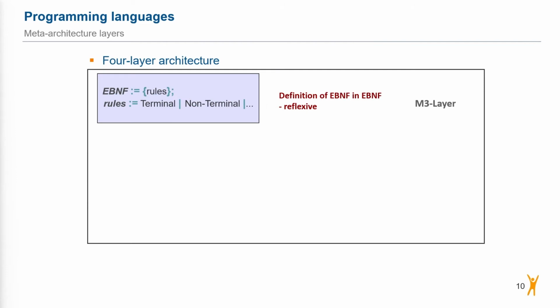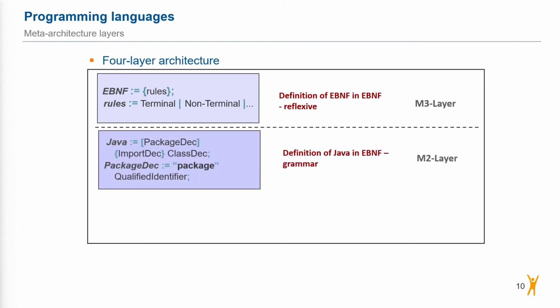Yeah? So if we generalize this and put this into the meta hierarchy that we introduced last time, at the M3 layer, we have the production rules: an EBNF specification is composed of a sequence of rules, and each rule itself is composed of or can be replaced by terminals or non-terminal symbols. If we go one level down on the M2 level, we can then specify one concrete grammar using EBNF.